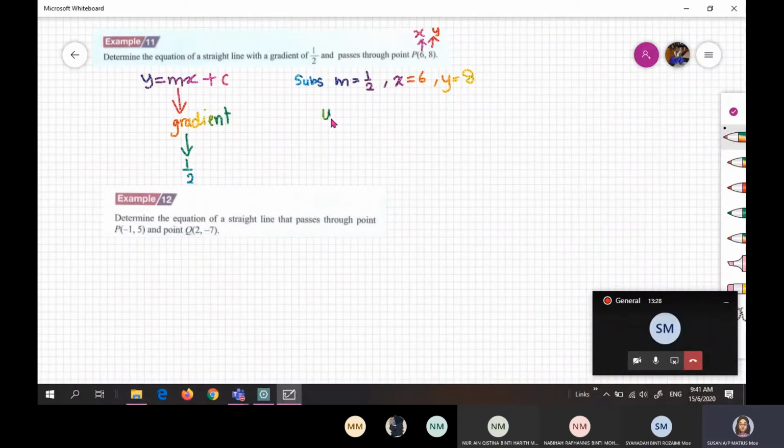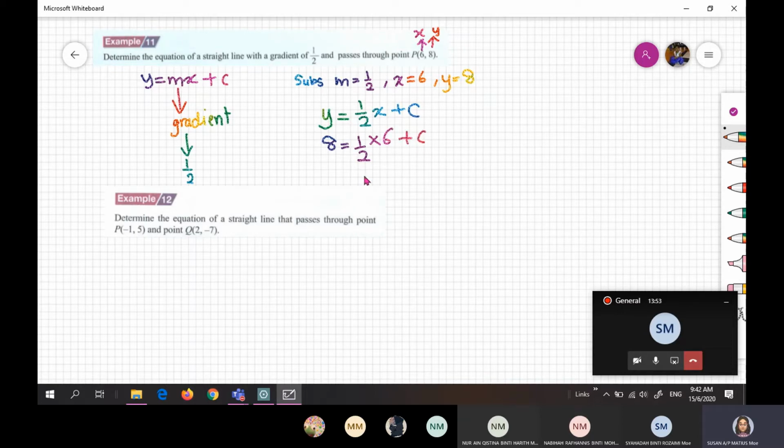How are you going to do that? y = 1/2 x + c, because the gradient was 1/2. Now I substitute y with 8, and 1/2 multiplied by the value of x, which is 6.